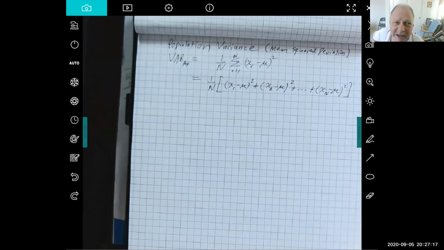So the next question I usually ask the class when we're meeting in person is, well, if you wanted to bring it back down closer to where it would have been if I had not done the squaring, if it had been like the absolute value, what could you do to bring it back down? And somebody always says, well, take the square root, and sure. So that's your population standard deviation.